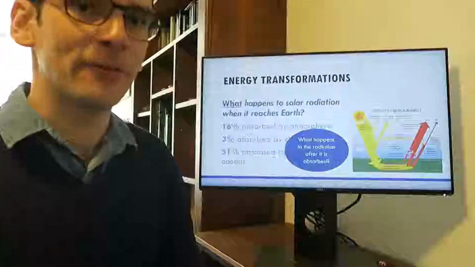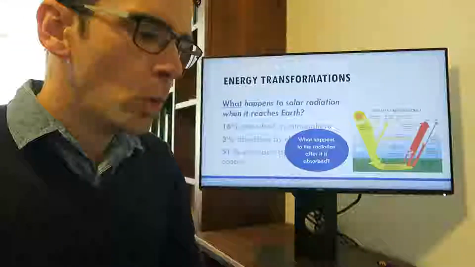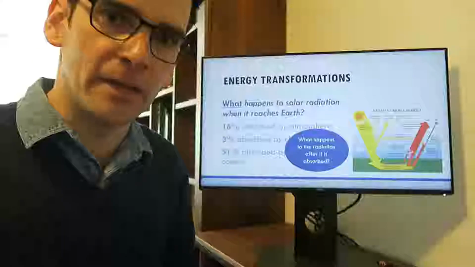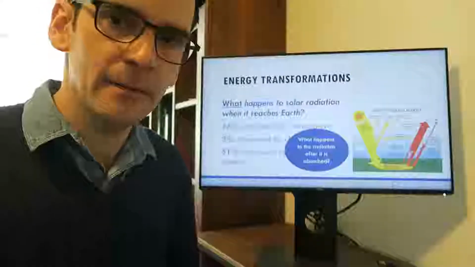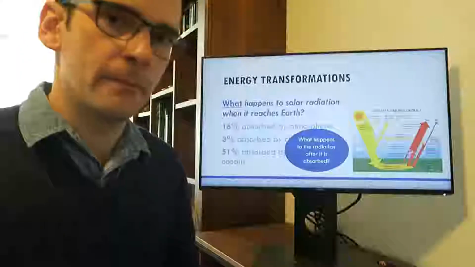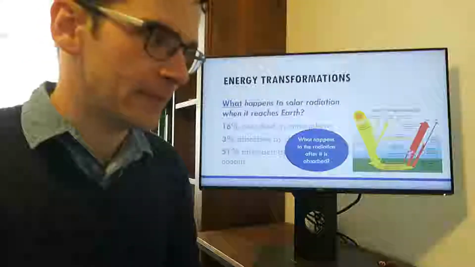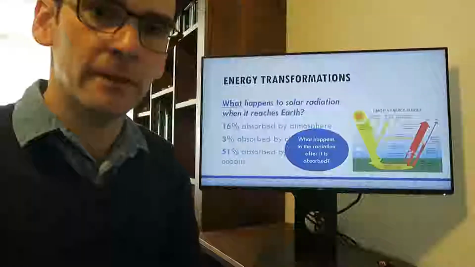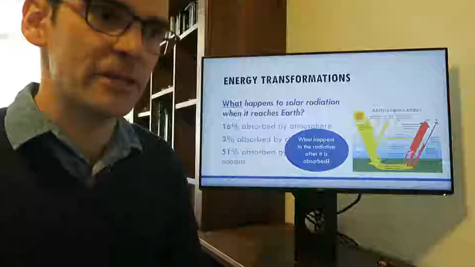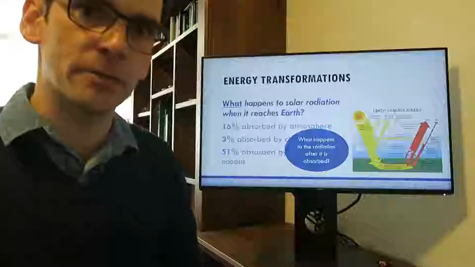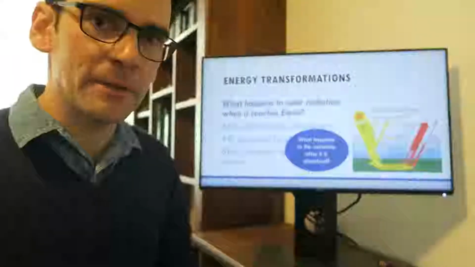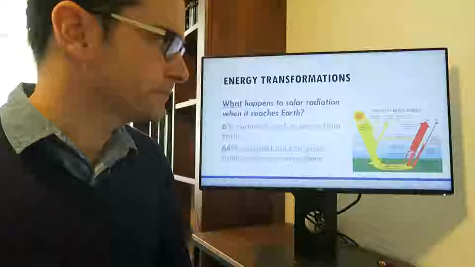Okay, well, another question, I'm glad you asked. What happens to this radiation after it's been absorbed? Does it just sit there and do nothing? I'm pretty sure you know the answer is no. It can either re-emit itself, or it can be transferred into other objects, and the energy that it holds can be passed on from object to object or area to area. But again, we like to be a bit more precise than that.